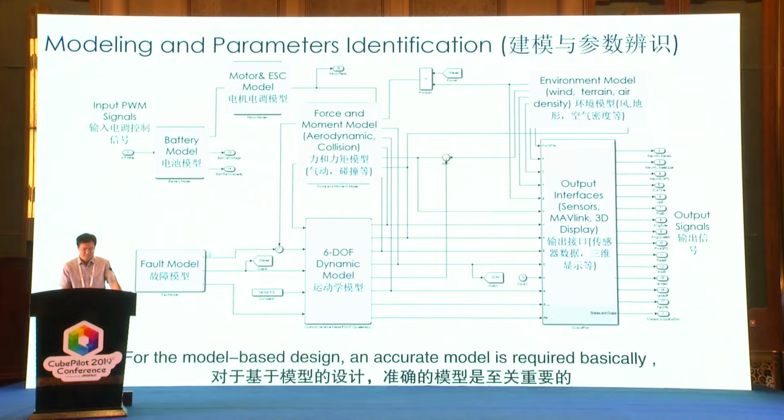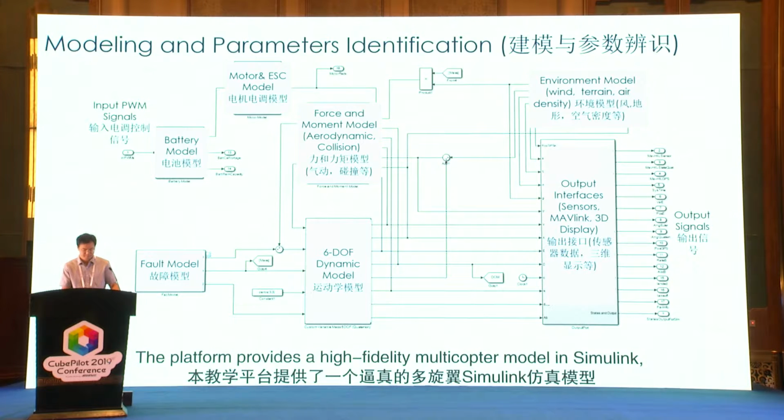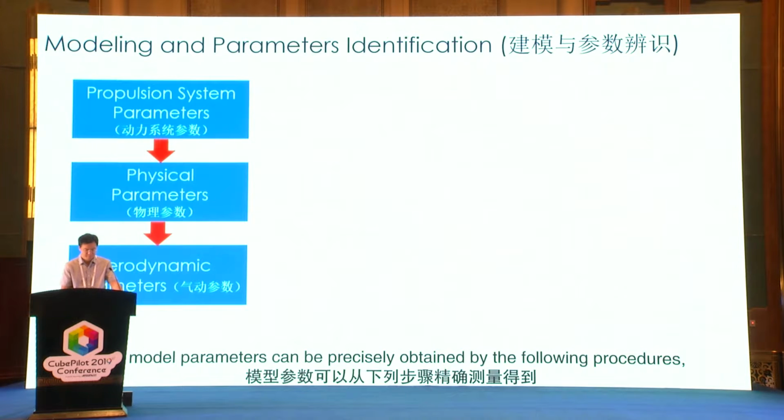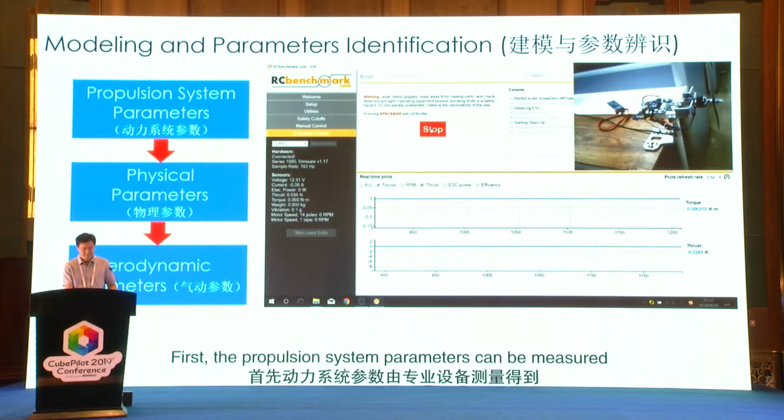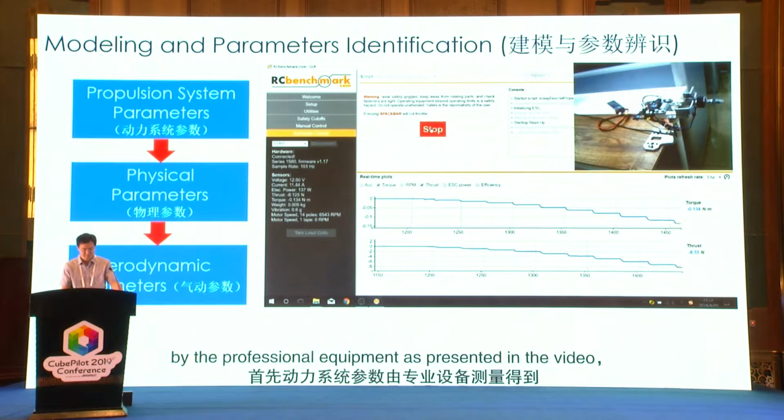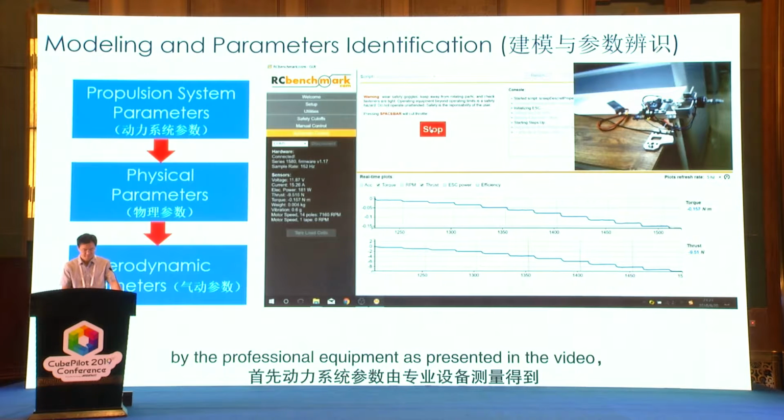For the model-based design, an accurate model is required basically. The platform provides a high-fidelity multicopter model in Simulink. The model parameters can be precisely obtained by the following procedures. First, the propulsion system parameters can be measured by the professional equipment as presented in the video.